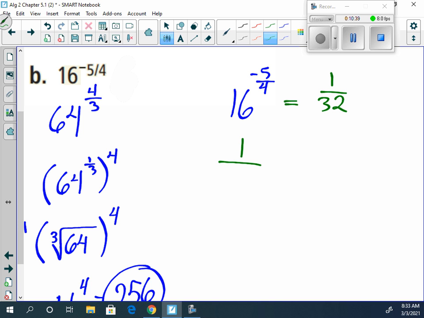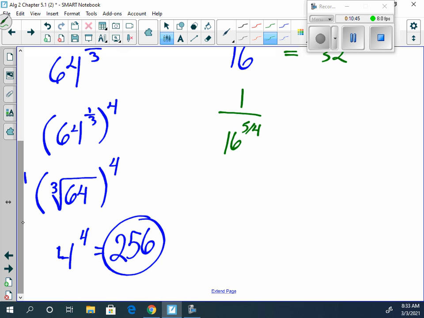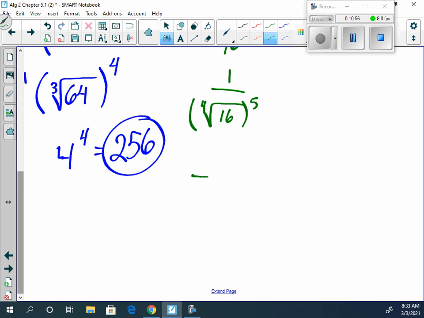Now if we did this the other way, we would move it to the denominator. And this here would be the same as 1 over the 4th root of 16 to the 5th. And well, the 4th root of 16 is 2.